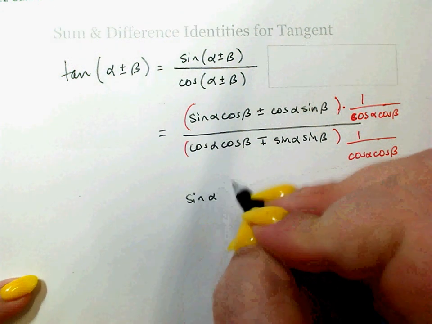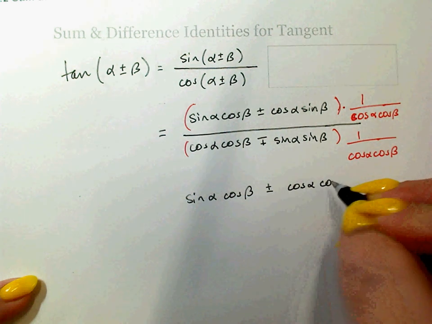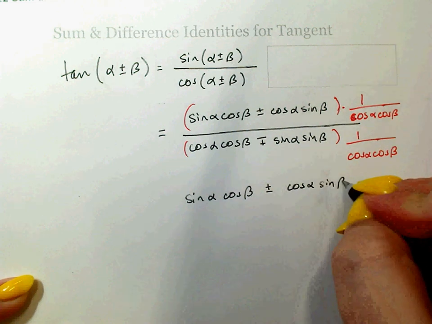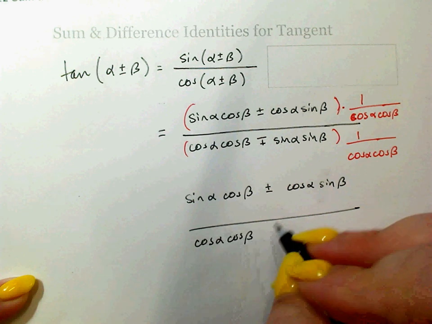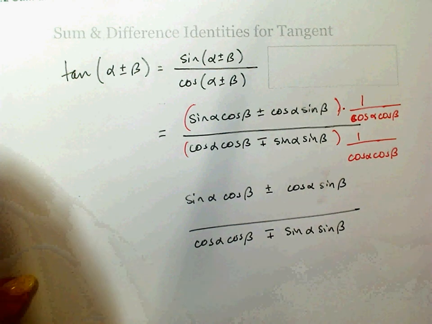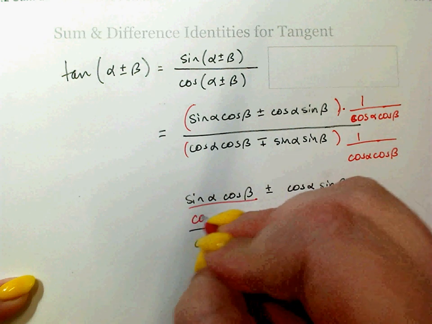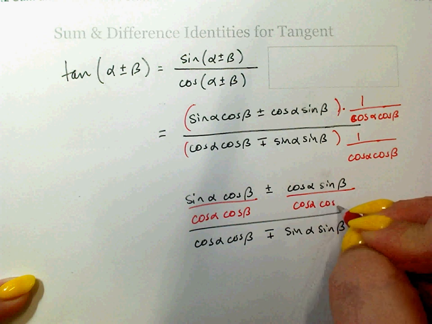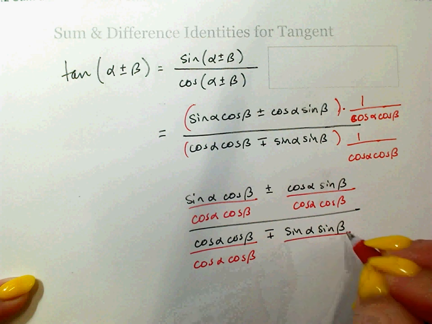Plus minus cosine alpha sine beta over cosine alpha, cosine beta, minus plus sine alpha sine beta. Okay, and then I'm going to distribute my 1 over cosine alpha, cosine beta to each of these. So I'm going to divide each term by cosine alpha, cosine beta, and then we're going to simplify.